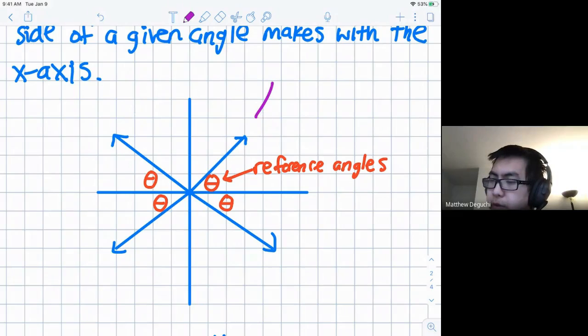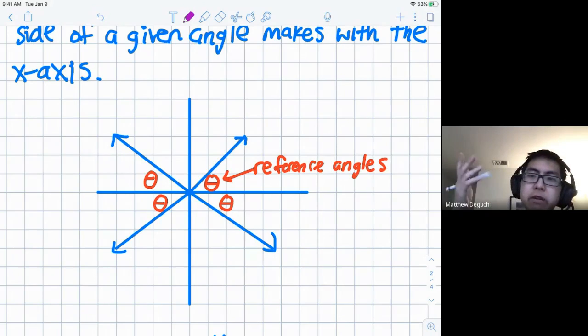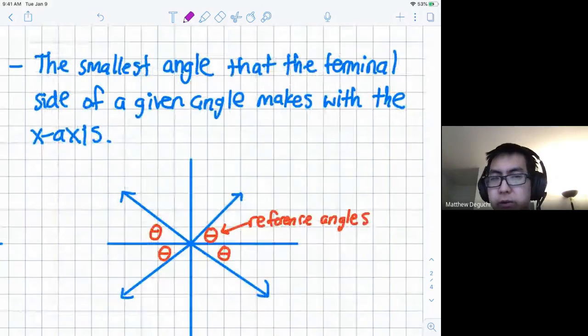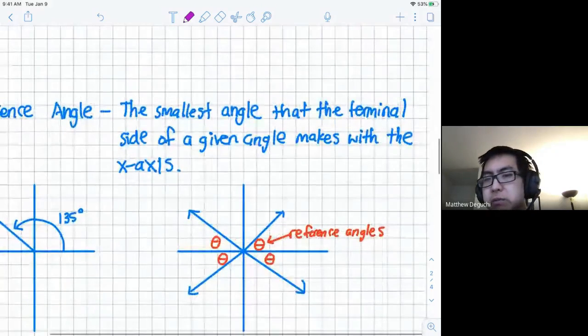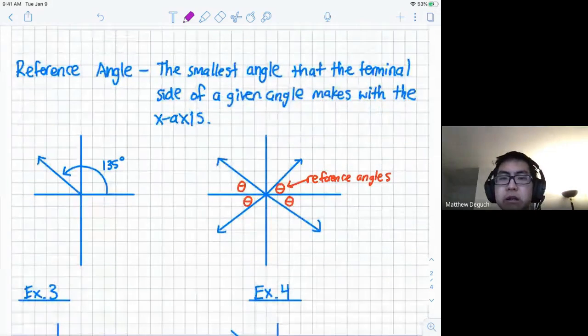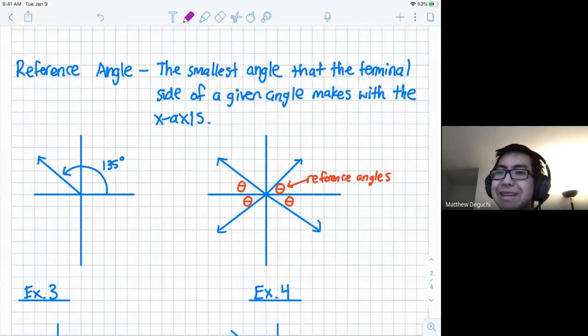Given a certain terminal side, that's going to dictate where your reference angle is going to go. So let's read the definition again. It's the smallest angle that the terminal side of a given angle makes with the x-axis.